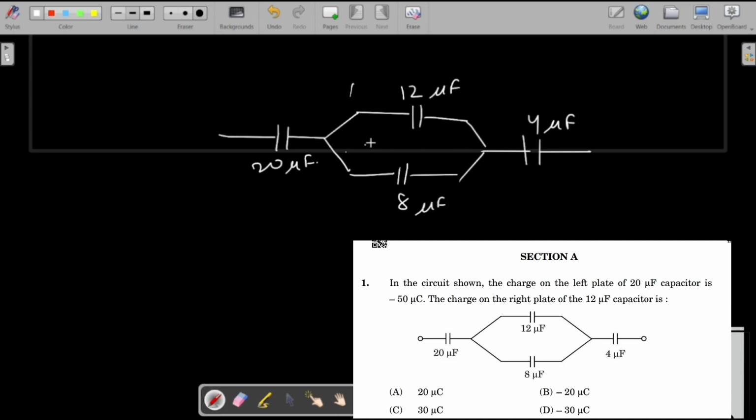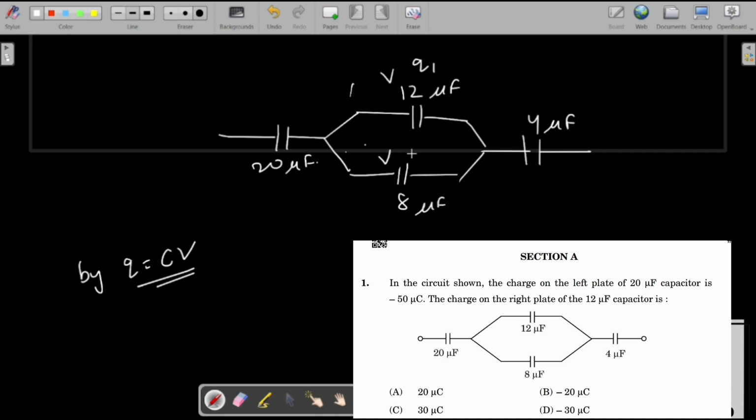So there is a circuit here where capacitors are combined. As we know, parallel combined capacitors have equal potential. So by using this relation, we can say that the ratio of capacitances of parallelly combined capacitors is equal to the ratio of their charges.